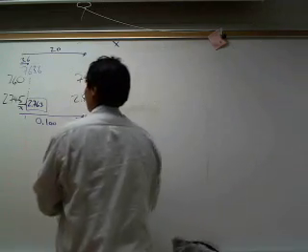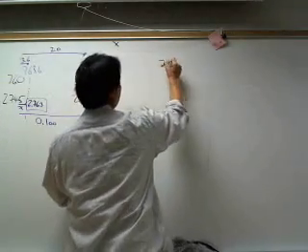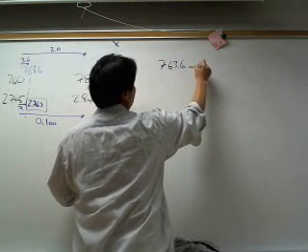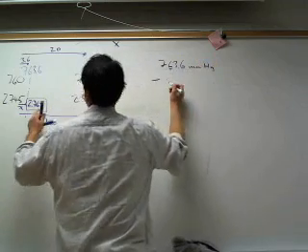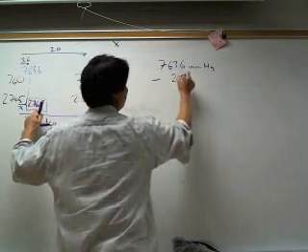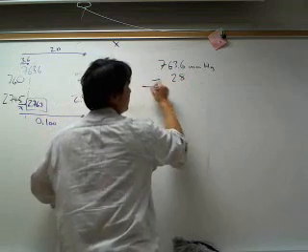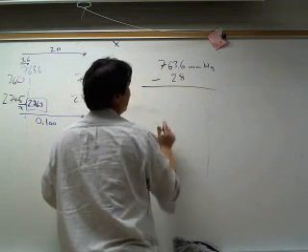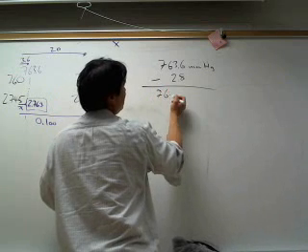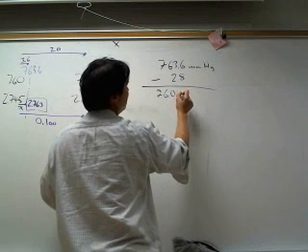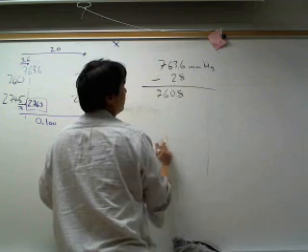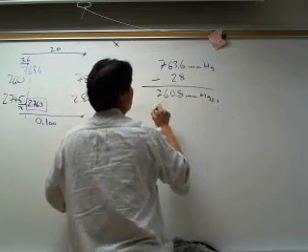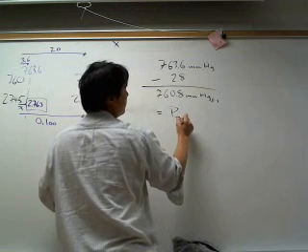The corrected barometric pressure is going to be our uncorrected 763.6 millimeters of Hg minus the correction. The correction, we're just going to round to 1 decimal place, because we aren't allowed more than that. And so it comes out to 760.8 millimeters of Hg. This is what we call the corrected barometric pressure.